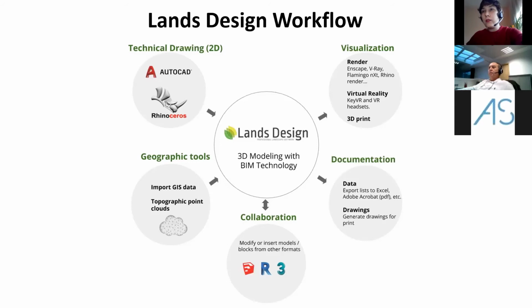In the case of AutoCAD, the renders that are compatible with AutoCAD. You may apply virtual reality with a headset of virtual reality, or print your project with a 3D printer. You can also export the documentation in Excel or PDF, or print your drawings directly from landsdesign.